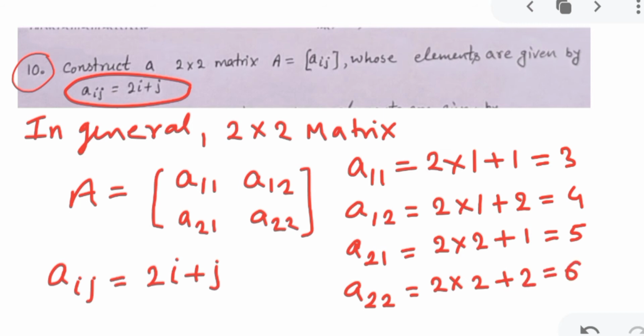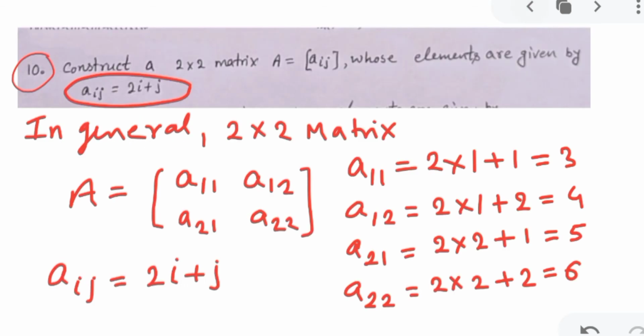So in this way, I got the A11 value as 3, A12 value as 4, A21 value as 5, and A22 value as 6. So our 2 cross 2 matrix, which I have named A, will be: A11 value is 3, A12 is 4, so 3, 4 and 5, 6.